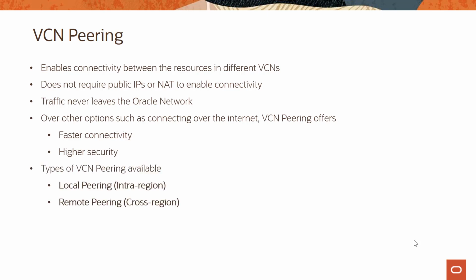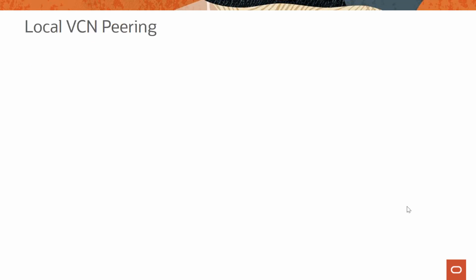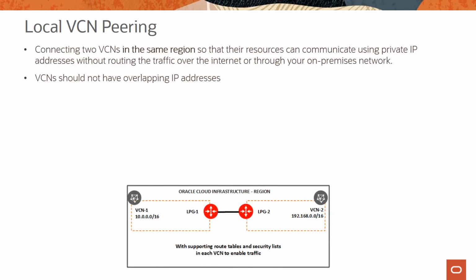We are further classifying VCN peering into two types: local VCN peering and remote VCN peering. Let's start our discussion by talking about local VCN peering. Local VCN peering refers to connecting two VCNs within the same region so that their resources can communicate using private IP addresses without routing the traffic external to the OCI platform, like over the internet or an on-premises network.